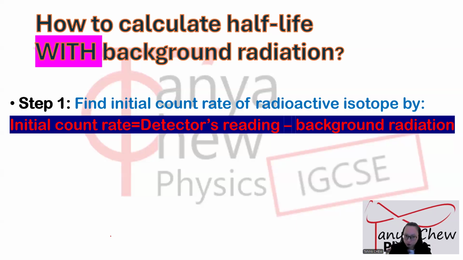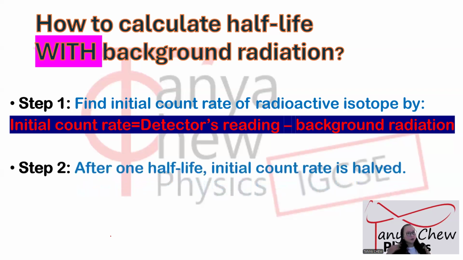So that is why it is your job to find the initial count rate related to the radioactive isotope only. How to calculate that? You take the detector's initial reading minus the background radiation to get the initial count rate of the radioactive isotope.